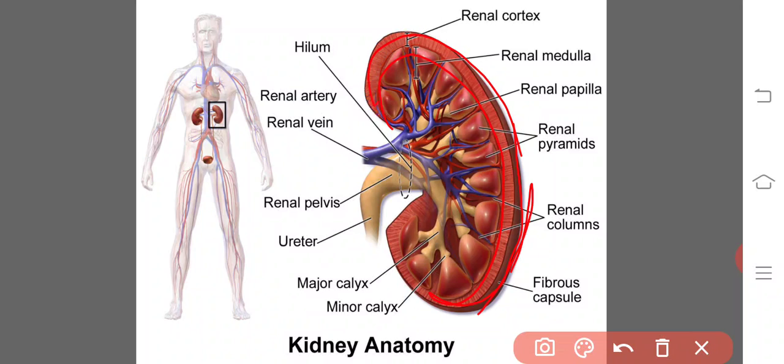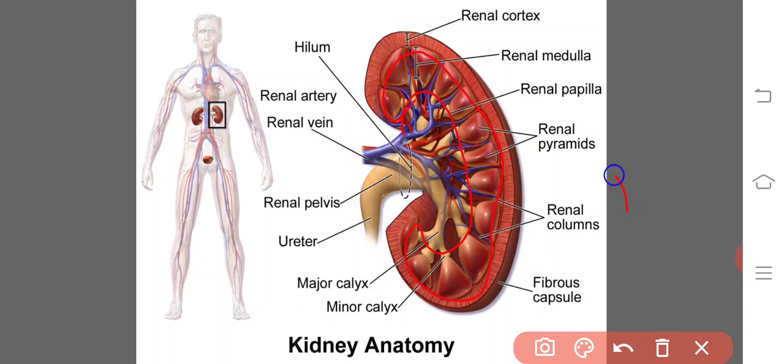Whereas the light red colored, agranular region on the inner side of the kidney is known as the medulla, and it consists of pyramid-like structures known as the renal pyramids.